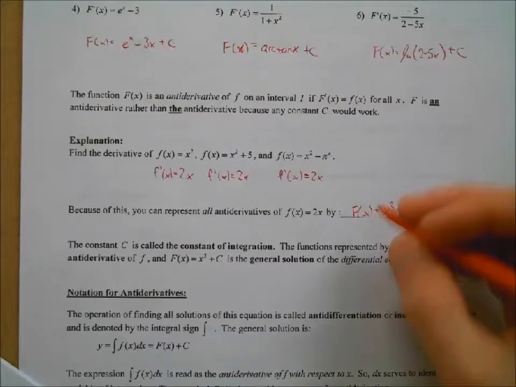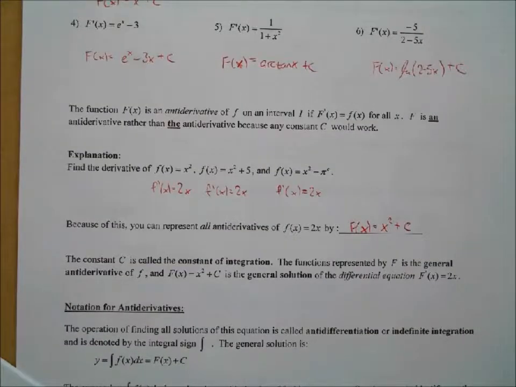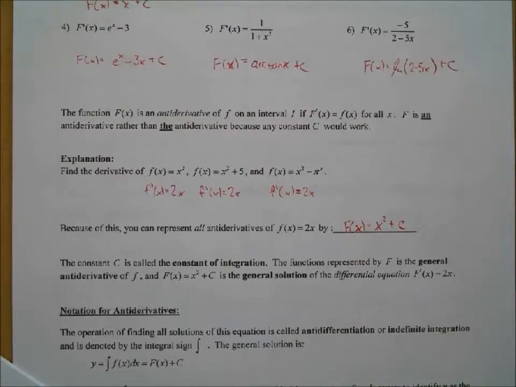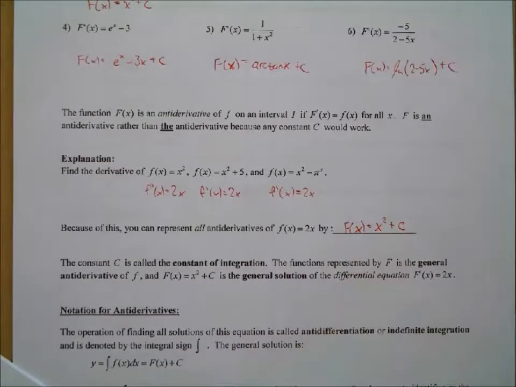Which is re-emphasizing what we've already stated earlier. We jumped ahead a little bit by saying that plus c, but that's okay. If we want to represent all of the possible antiderivatives of 2x, then we want to put that plus c on at the end when we find the antiderivative.